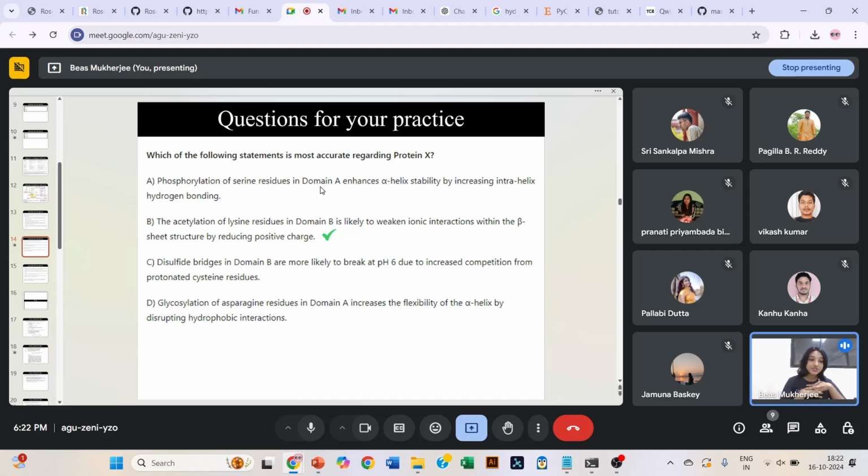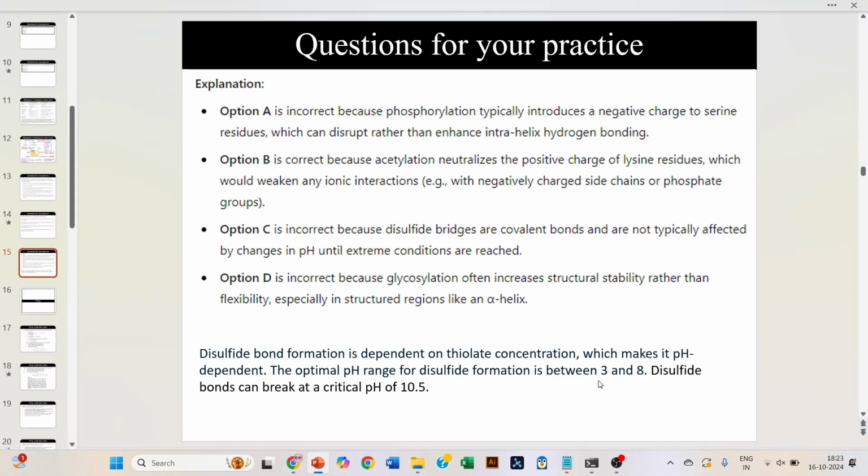Now glycosylation, you know that this is a huge group. In every glycosylation, there are many small sugar moieties involved, right? If such a huge group is going to get added to your protein, it is in no way making it flexible. So this cannot be true. It cannot increase the flexibility of the alpha helix. That is not possible. So we will look at the explanation.